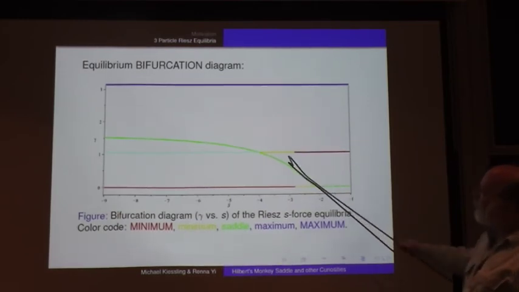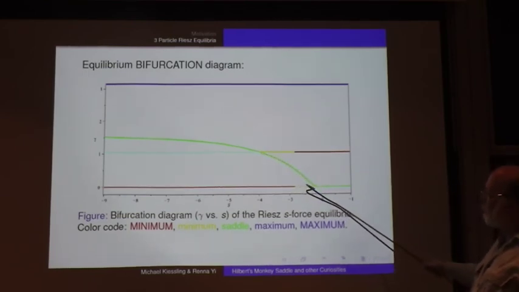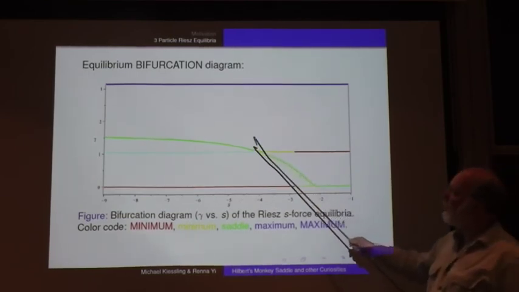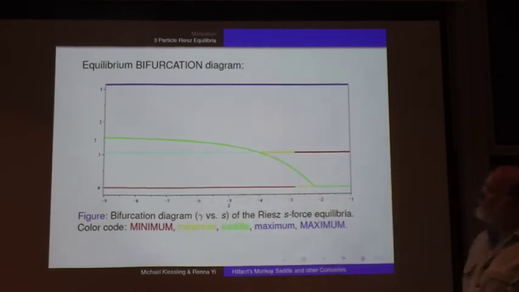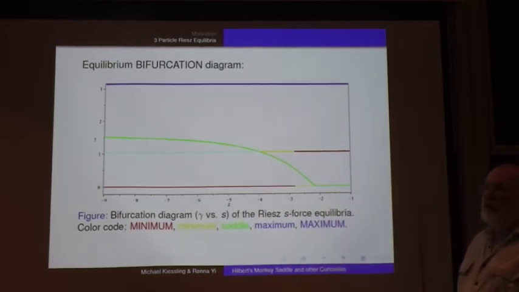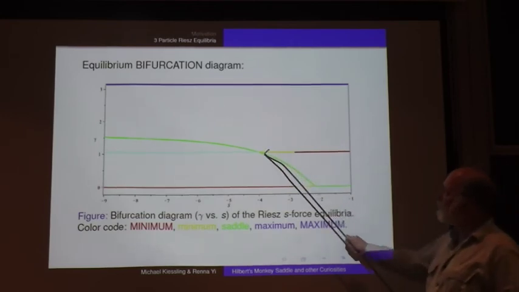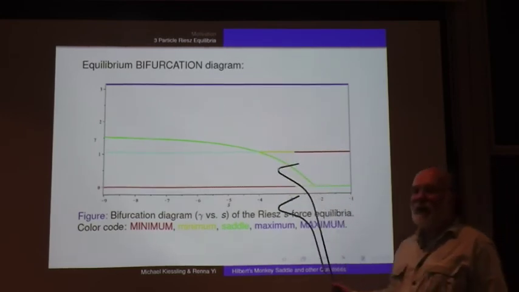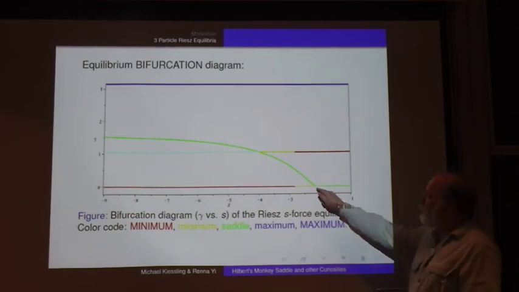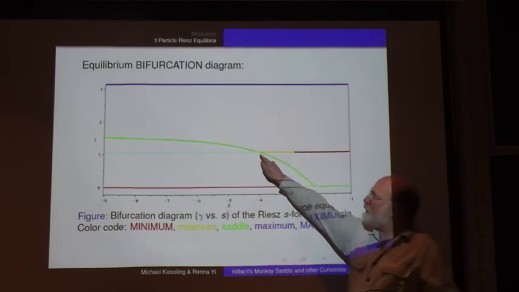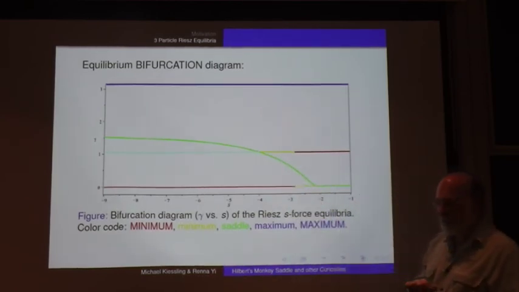Here, this branch is consisting of isosceles equilibria, and that one also. In the middle here is the equilateral one, which is universal. The other parts here, the bent parts, are the non-universal equilibria because they depend on S. And this non-analytical bifurcation is here, and there is an analytical bifurcation there.